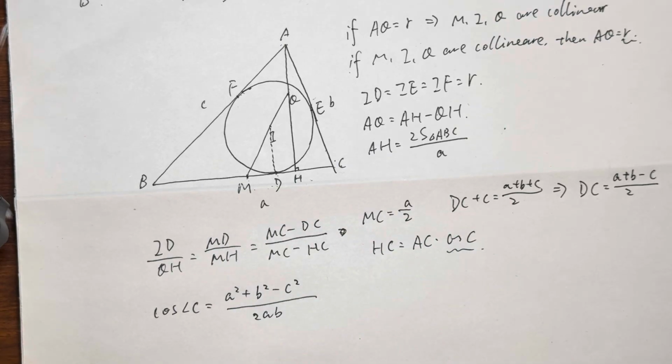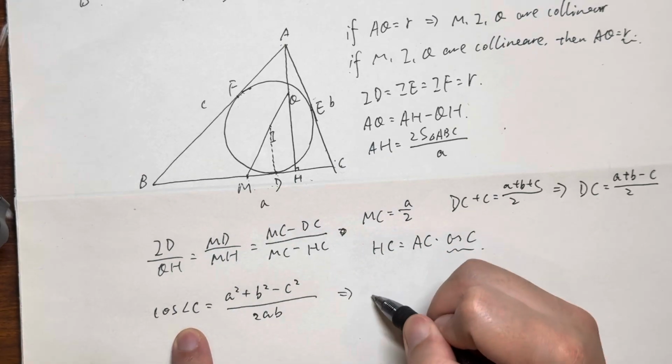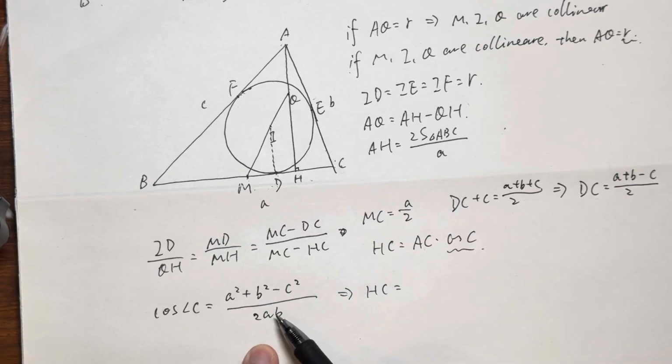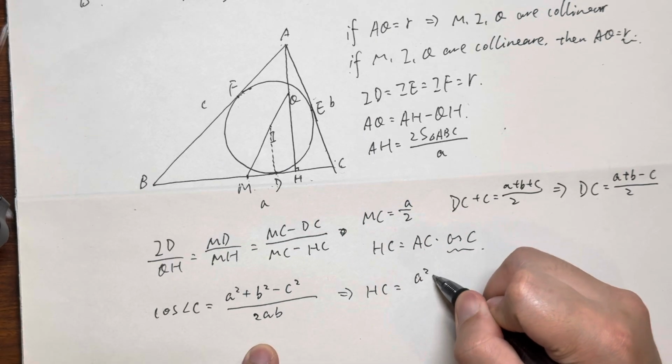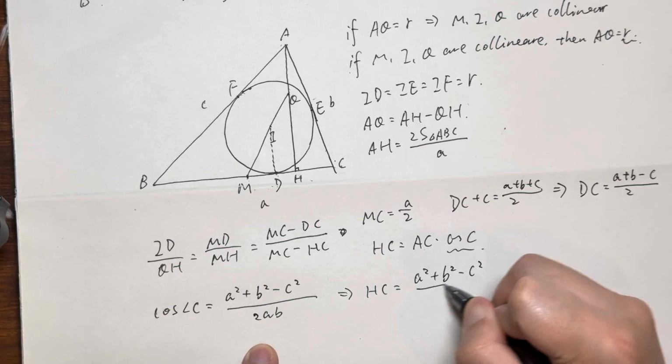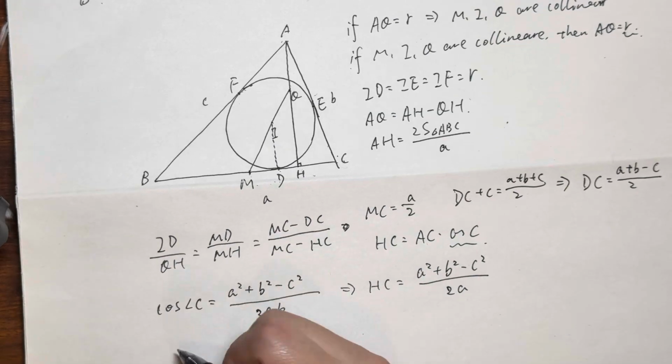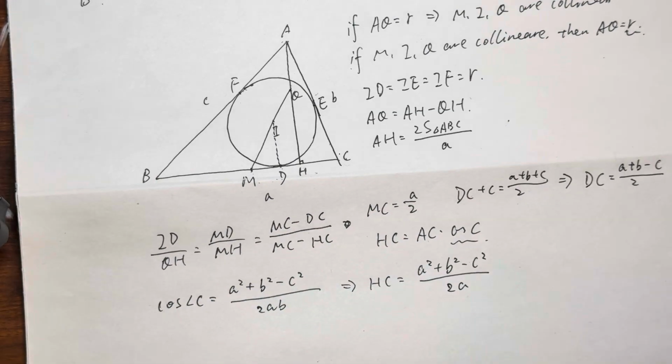Then HC equals B times that, so A squared plus B squared minus C squared divided by 2A. Now we get everything we need to do the calculation.